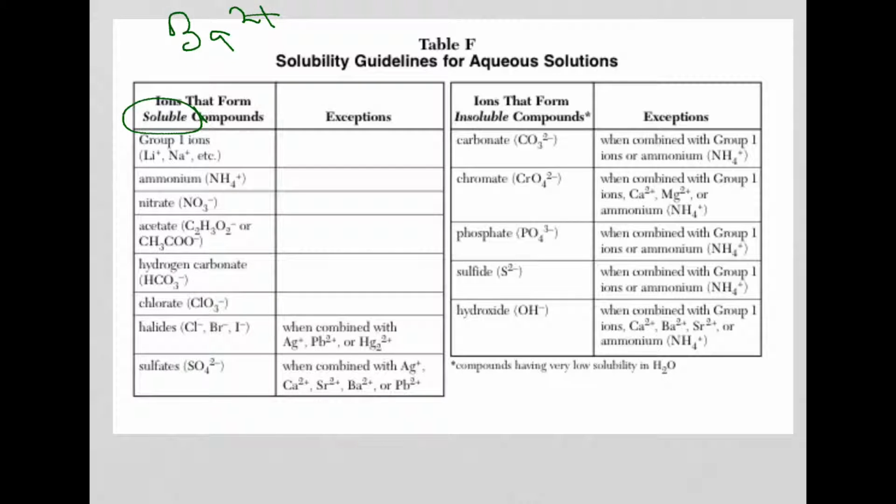Now take this table. Here's a column of soluble compounds. Exceptions means insoluble. Then we have insoluble here. Exceptions mean soluble. So barium sulfide was the first choice, but barium sulfide is not going to be the answer because it's insoluble.